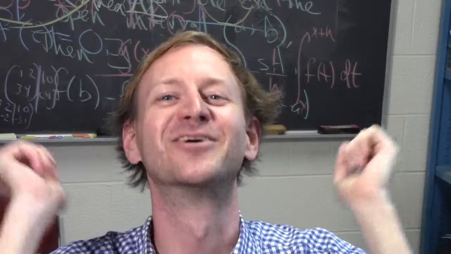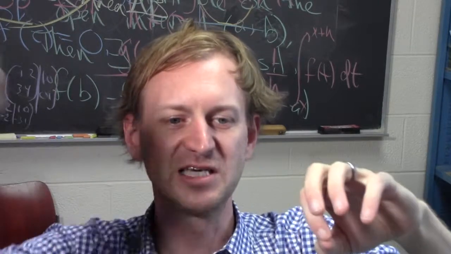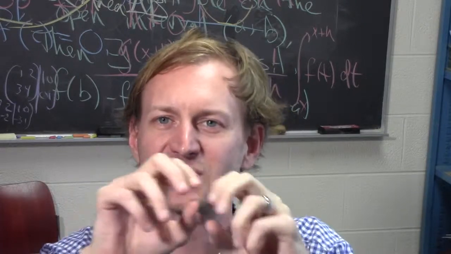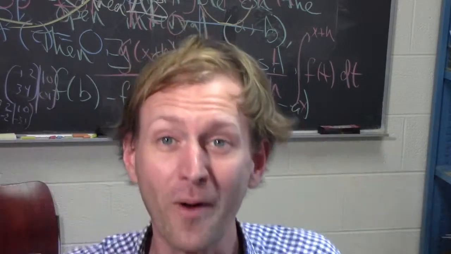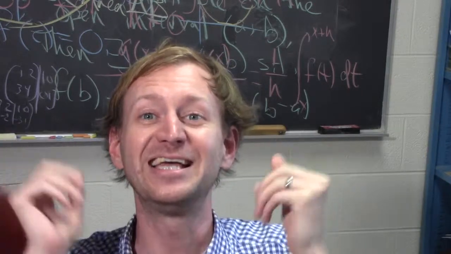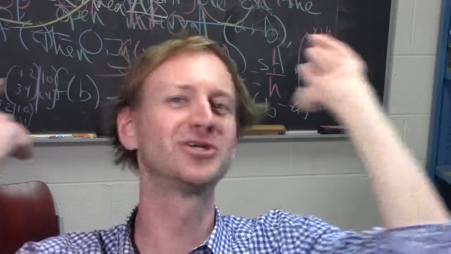Isn't that cool? Who thought that when you drew these tangent lines that go through the origin, you would have this horizontal line appear out of nowhere, and its y-coordinate would be e. That's cool. All right, let's go do some more math.